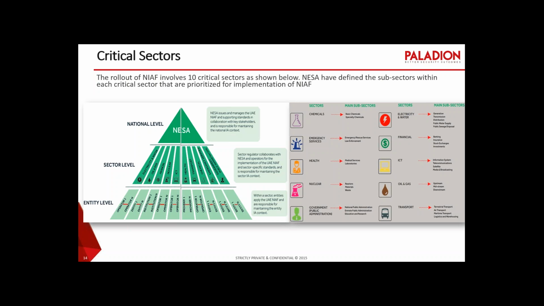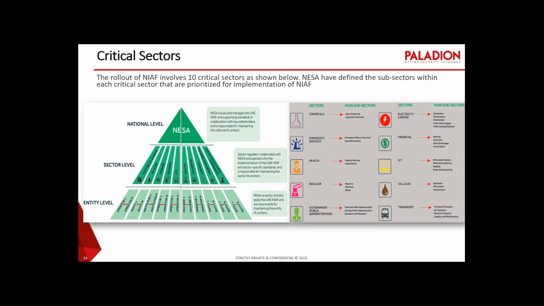So there are 10 critical sectors that have been identified by NESA, which include the electricity and water sector, oil and gas sector, financial sector, nuclear sector, information and communication technology sector, health sector, transportation sector, chemical sector, emergency services sector, and government services, which is the primary mandate, and then all entities within various other sectors are also being mandated based upon their criticalness.